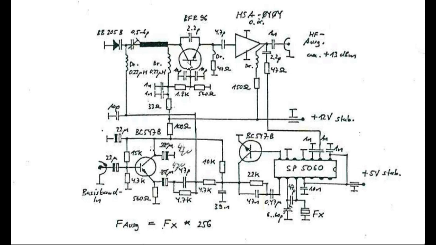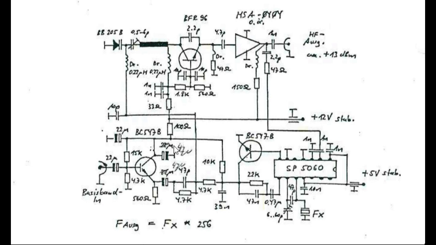It's a voltage controlled oscillator, so if it deviates from this 4.433 multiplied by 256, then it will be corrected here, so the frequency is stable.